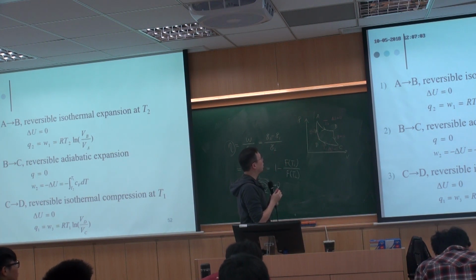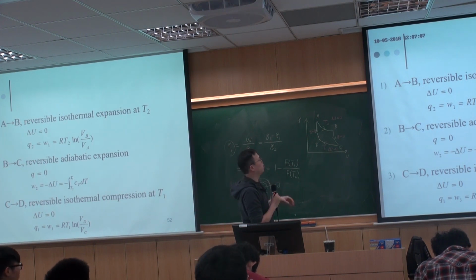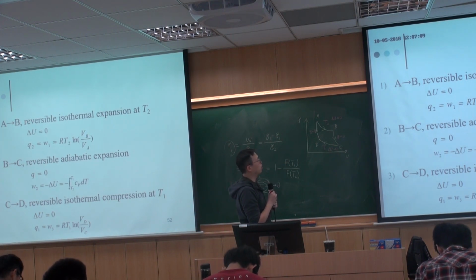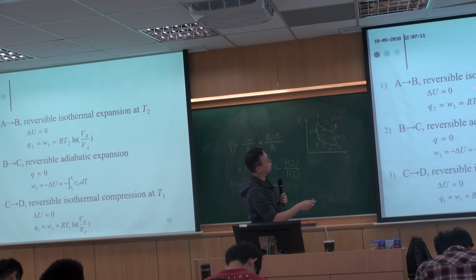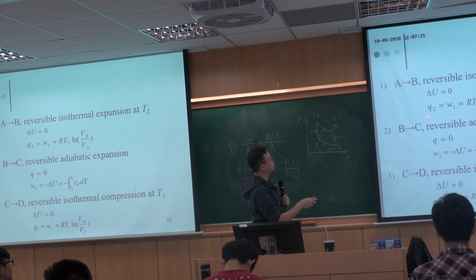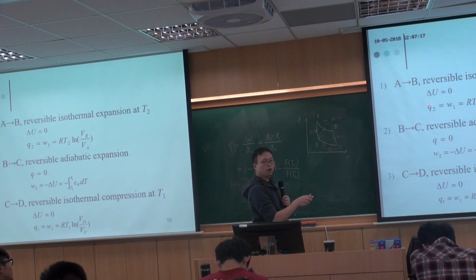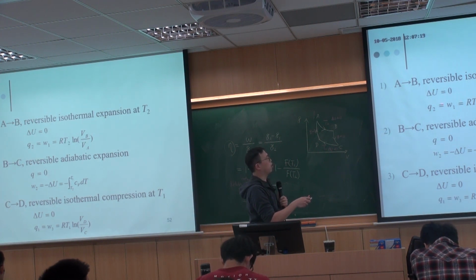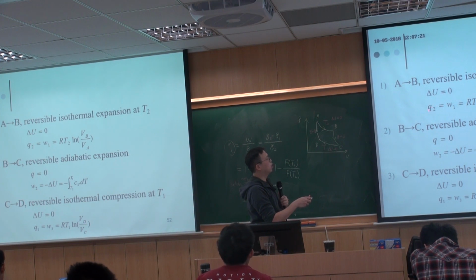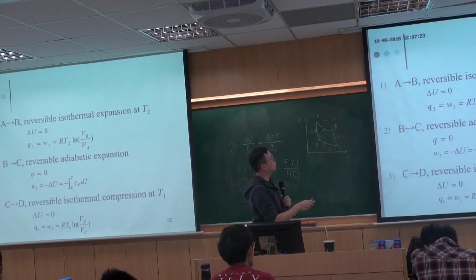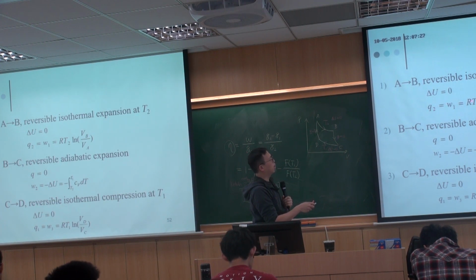So there are some constraints that you can already put on the PV plot to make sure that you know what's going on. First of all, delta U is 0. Then the heat absorbed from the heat reservoir will do the work, so W1 equals Q2, and it's RT2 log VB over VA.